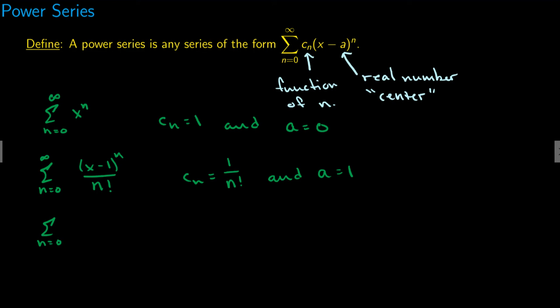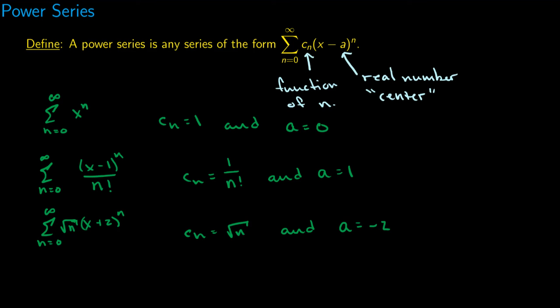Or we could have sum from n equals 0 to infinity of x plus 2 to the n times square root of n, where c sub n is just the square root of n, and a this time is equal to negative 2, because we do minus negative 2, it gives positive 2.